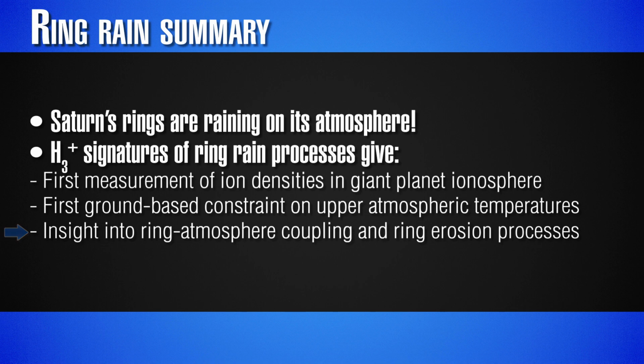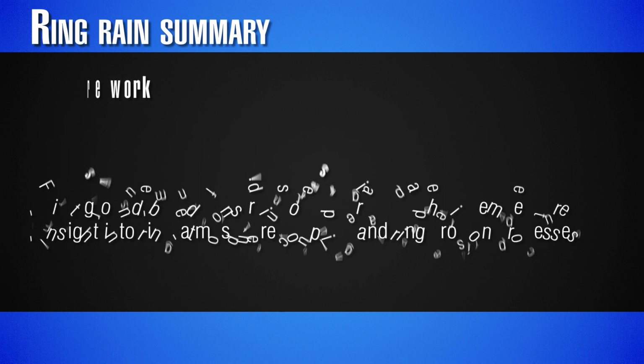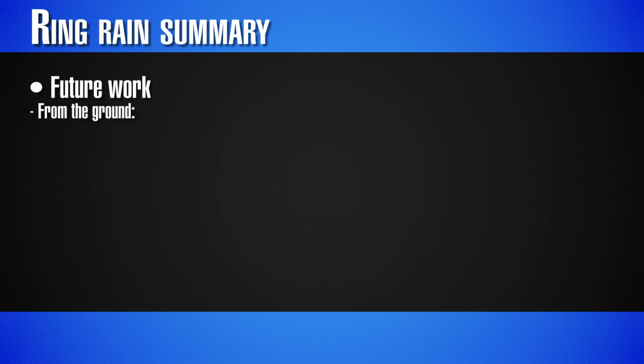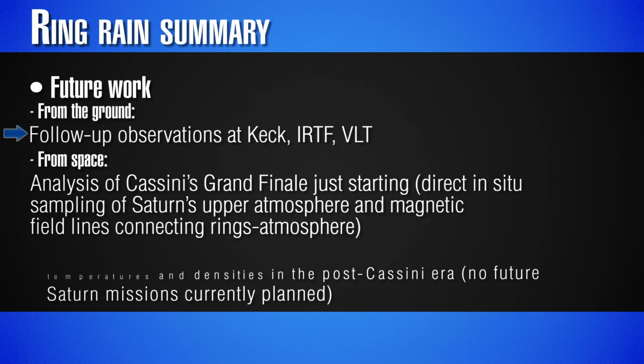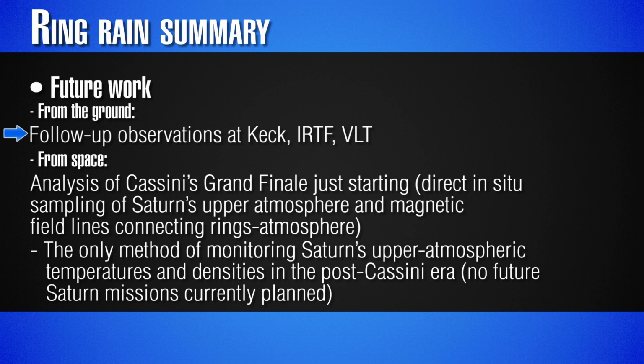So in the future, what we need to do is to follow up on this ring rain. This is an initial measurement, but there's a lot more work that could be done. From the ground, we can do follow-up observations with large telescopes, so Keck, IRTF, or the Very Large Telescope, VLT.